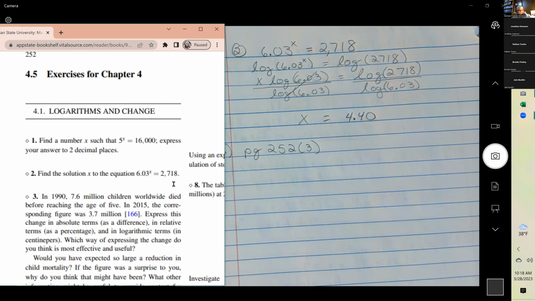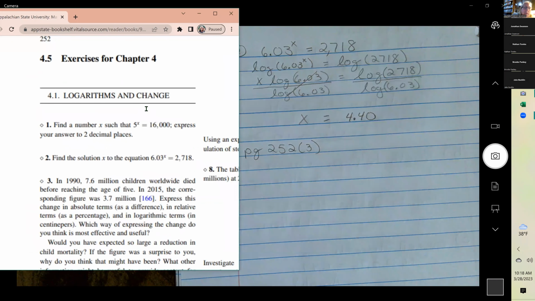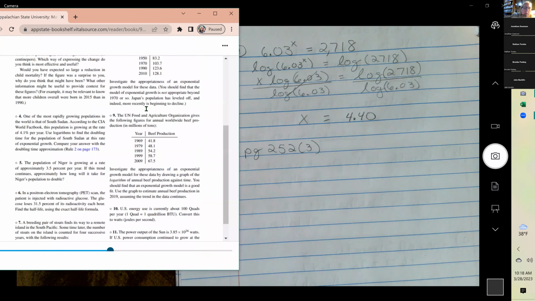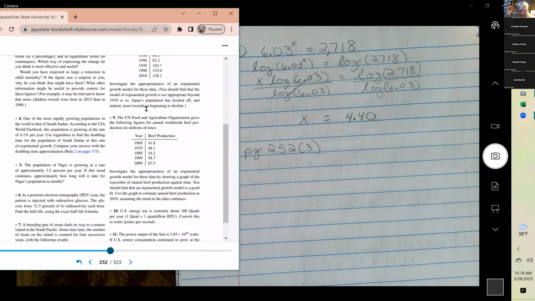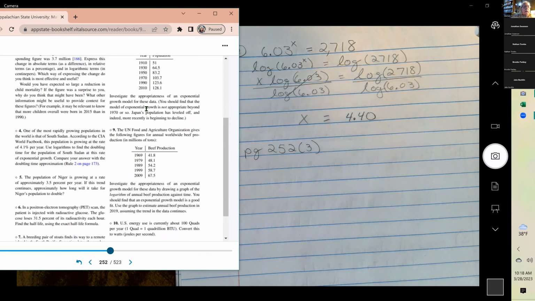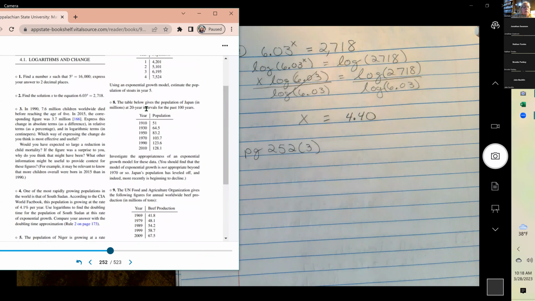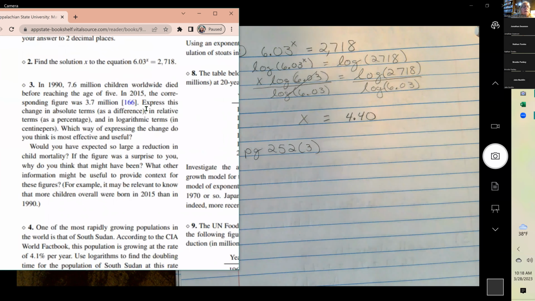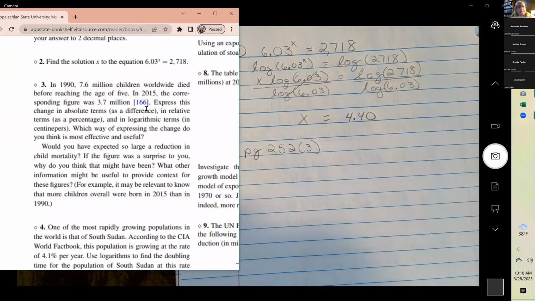Okay, page 252, number 3. In 1990, 7.6 million children worldwide died before reaching the age of 5.